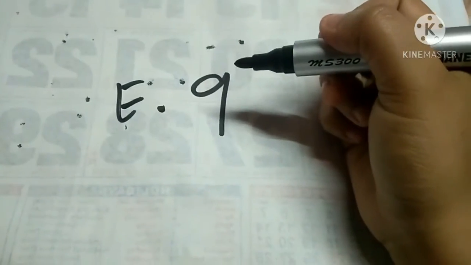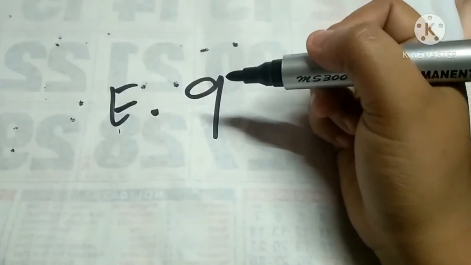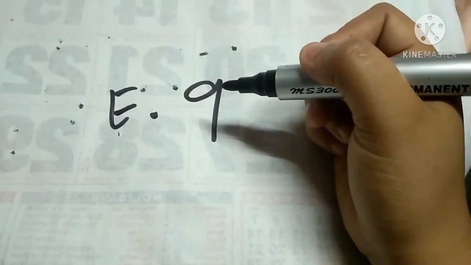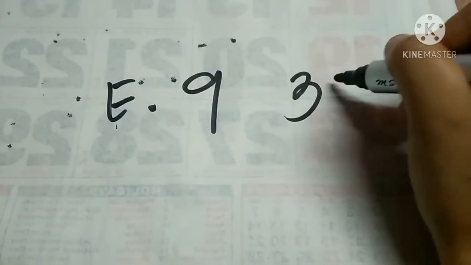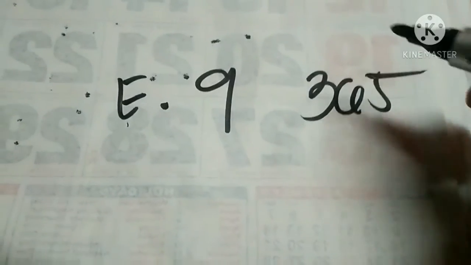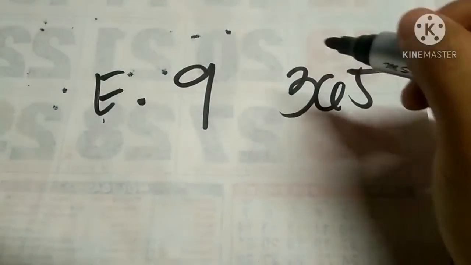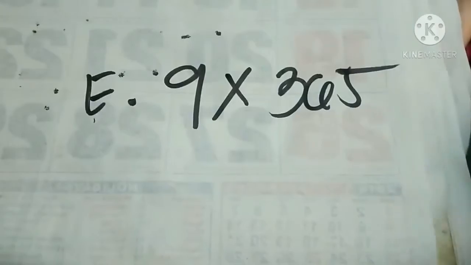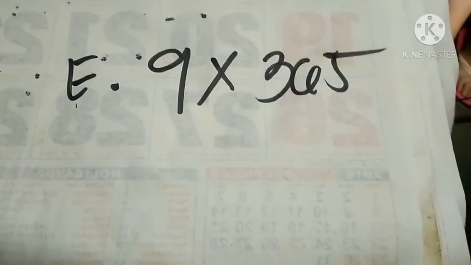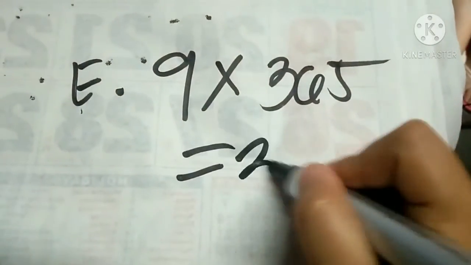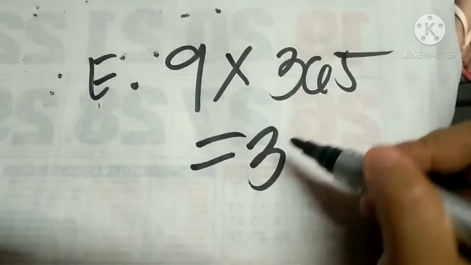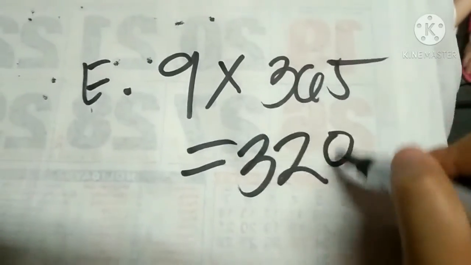So the question is, how many books can he read in 365 days? So using multiplication, multiply the 9 times 365. So the answer is 3,285.